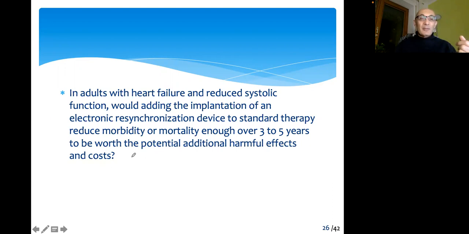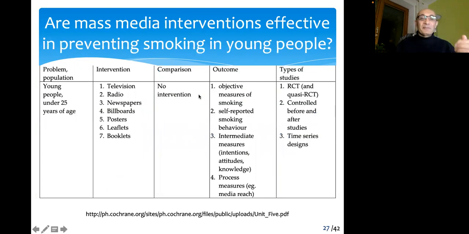What would be the outcome here? Do we have one or more outcomes? Harmful effects, yes, this is one outcome. And costs, this is another outcome. So outcome 1 and outcome 2. The other components I will not mark.